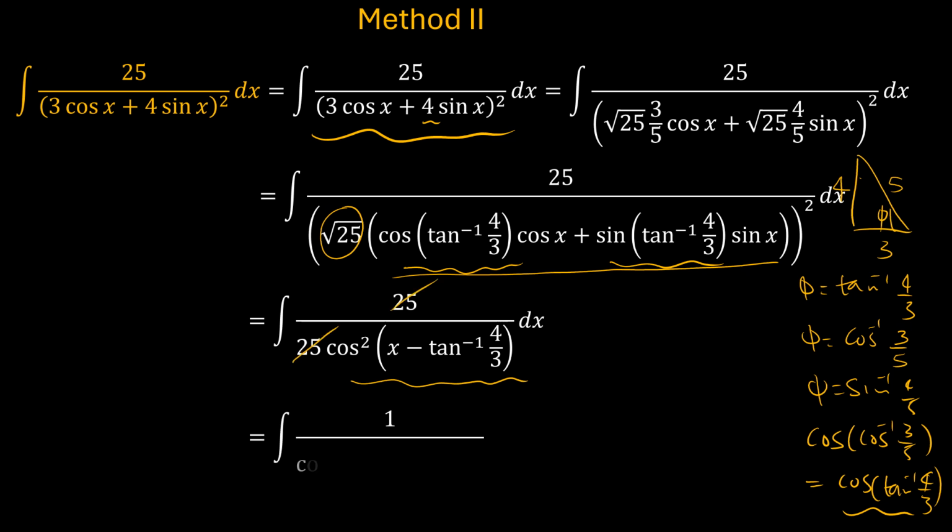And so we're left with 1 over cosine squared of x minus arctangent of 4 over 3. So this here is obviously simply the integral of the secant squared of x minus the arctangent of 4 over 3.